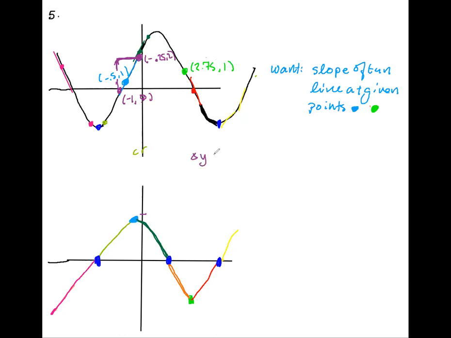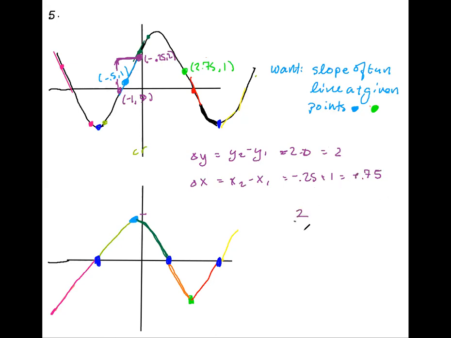So we're going from a y equal to 0. A delta y is going to be y2 minus y1. So we're going from y equal to 0 to y equal to 2. 2 minus 0, 2. And then our delta x, our change in x, is going to be going from negative 1 to negative 0.25, no, we're positive 0.75.